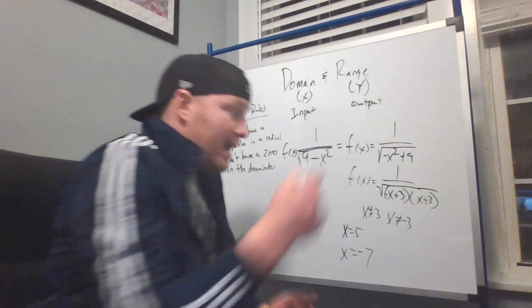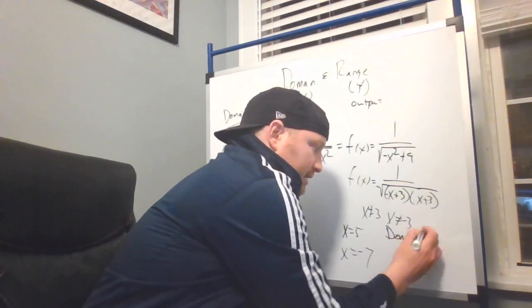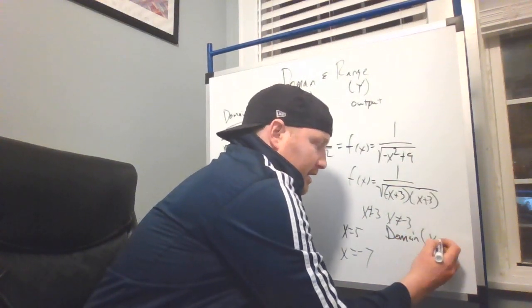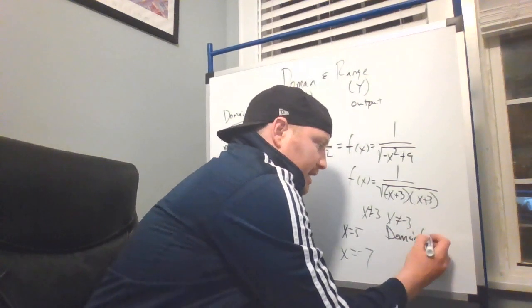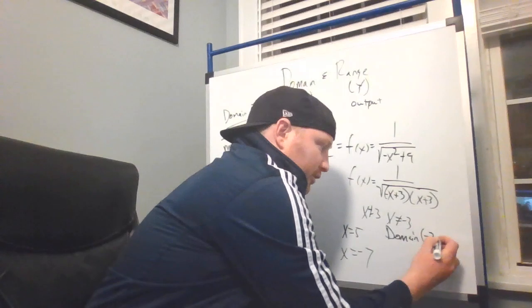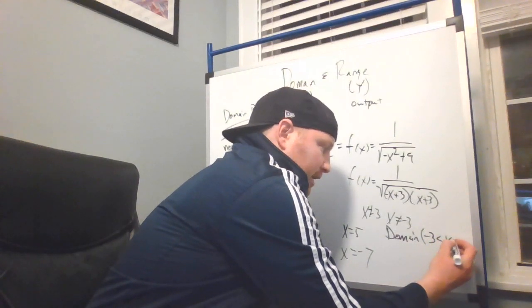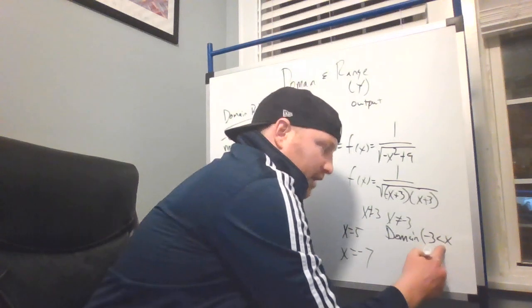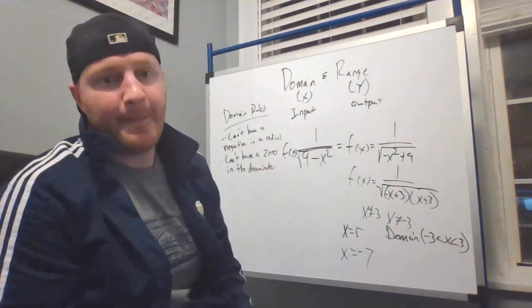So your domain for a situation like this is listed as, or better yet, I can write this a couple ways. You can just say x is greater than negative 3, but x is less than 3, okay?